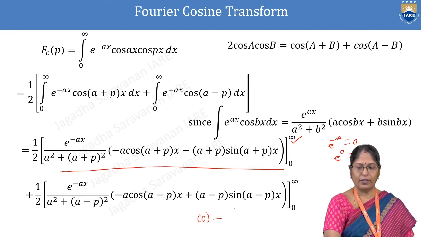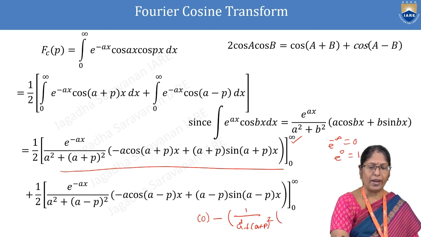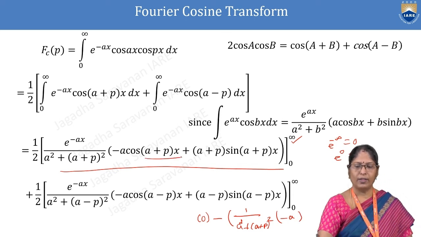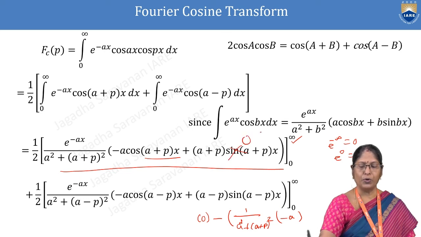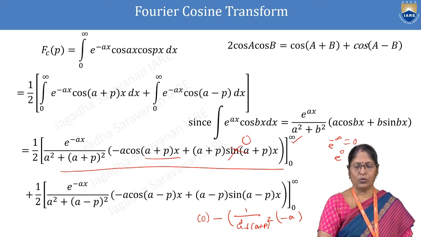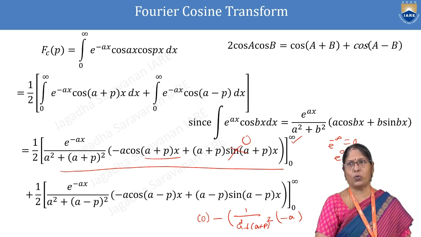Minus formula, e power 0, that is 1 by a square plus a plus p the whole square into minus a, because we know cos 0 means 1. This part becomes 0, the reason is sin 0, the value is 0. So here minus into minus plus a by a square plus a plus p the whole square, we got it for the first integral.